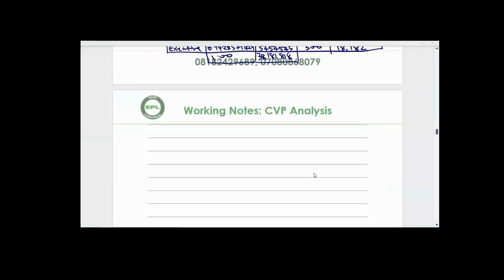So solution to illustration number 6, Abayomi PLC.